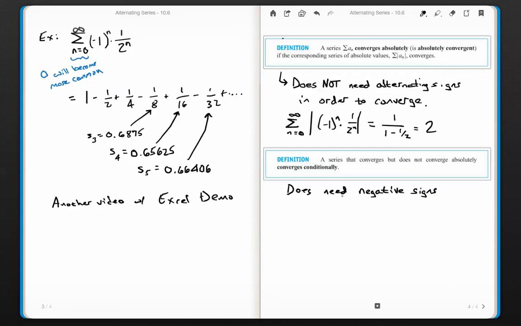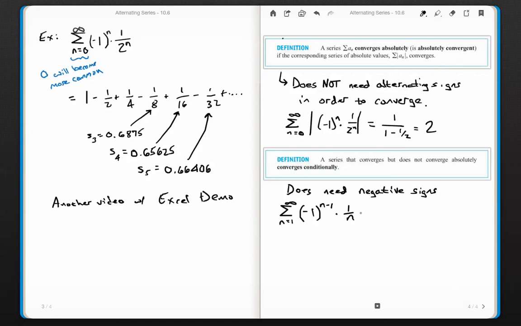Let's take a look at this sum. And you'll see why I'm going to go from 1 to infinity of (-1), this is one of my tricks I use to get things to alternate, to the n minus 1 of 1 over n. So what is this?